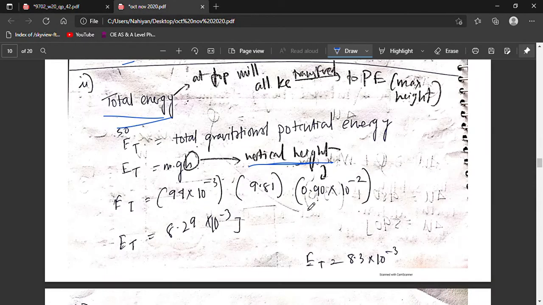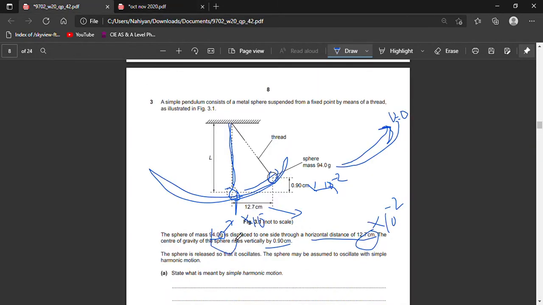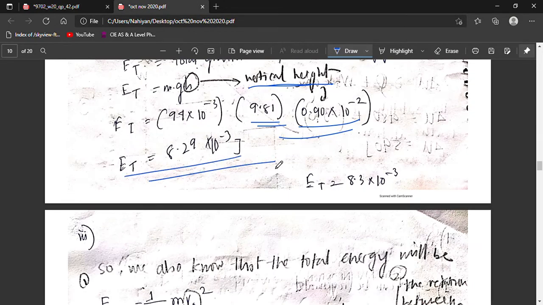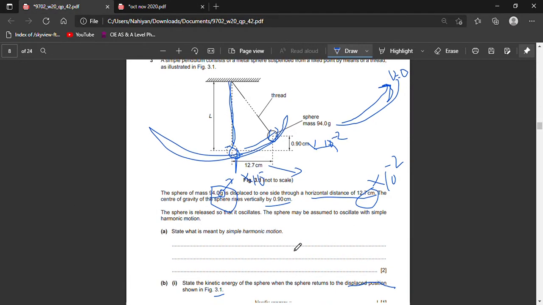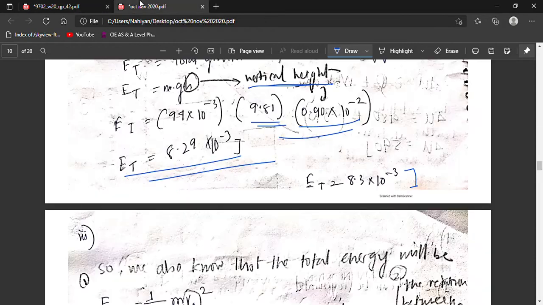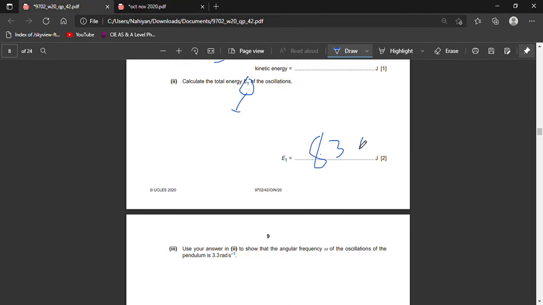We just substitute that, and we know the g, and you also know the mass here. So by substituting, we get the total energy is this, in joules. So that's 8.3 into 10 to the power minus 3.